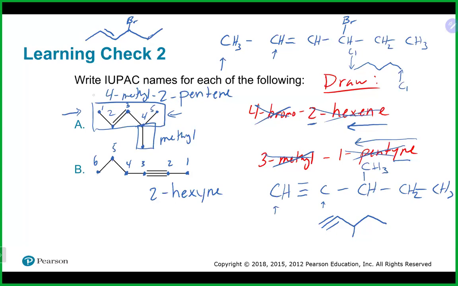So in this case, we went this way because that put our double bond at carbon number two. If you went right to left the other way, your double bond would start at carbon number three, which would be a larger number, and you don't want that. So the priority in terms of numbering is the double bonds or triple bonds, whichever way gives them the smallest number. Other questions?